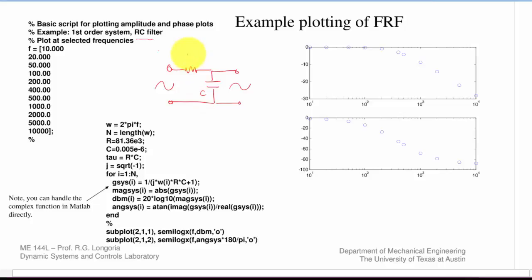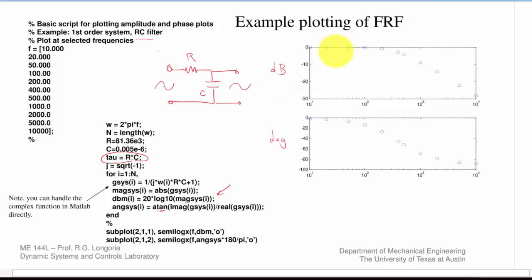This is a capacitor and resistor. For certain R and C values, here's your tau time constant. And here I'm just showing how you can plot. You can see I'm computing the magnitude ratio here and the phase. This is in degrees. This is in decibels.